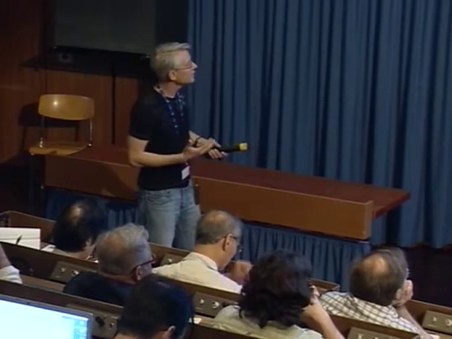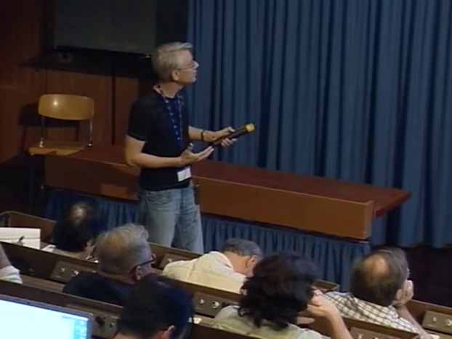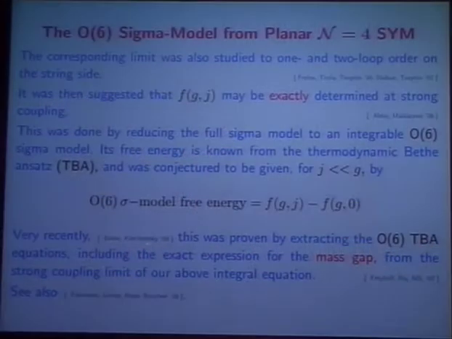And that was checked in a very beautiful paper recently by Basso and Korchemsky, so it's just 2 months old or so. They just show that from our equation, when you go to strong couplings, these TBA equations used by Alday and Maldacena just come out. And actually, the free energy of this O6 sigma model is precisely, essentially, you have to subtract the usual cusp anomalous dimension, this new scaling function.